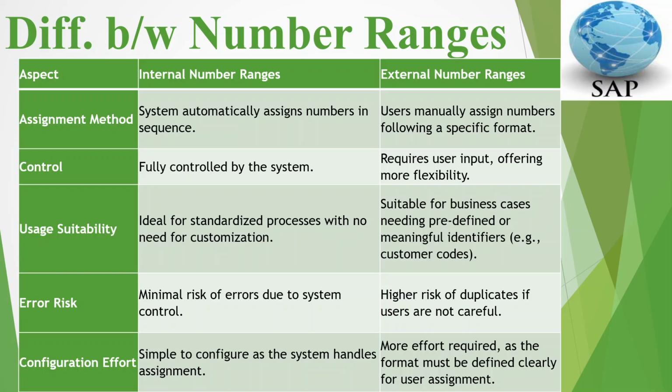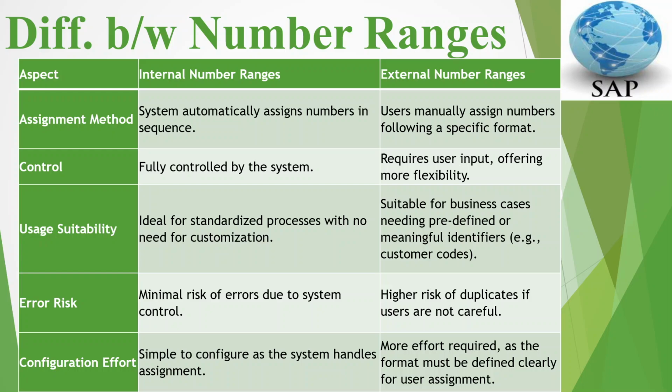Then control. Internal number ranges are fully controlled by the system, whereas external number ranges require user input, offering more flexibility. Then internal number ranges are ideal for standardized processes with no need of customization. But external number ranges would be needed in business cases needing predefined or meaningful identifiers, for example customer codes.